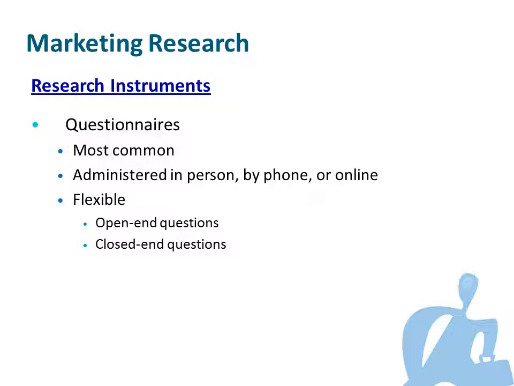Broadly speaking, a questionnaire consists of a set of questions presented to a respondent for his or her answers. The questionnaire is very flexible. There are many ways to ask questions. Questionnaires need to be developed carefully and tested before their large-scale use.